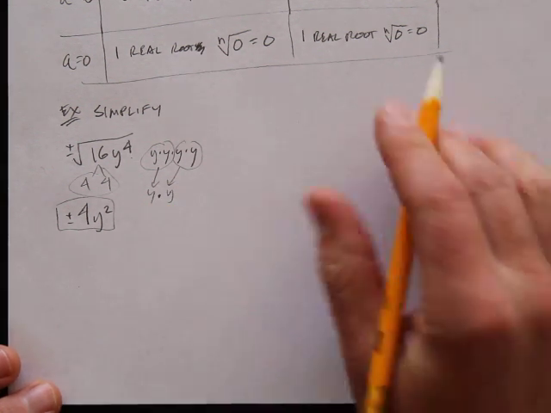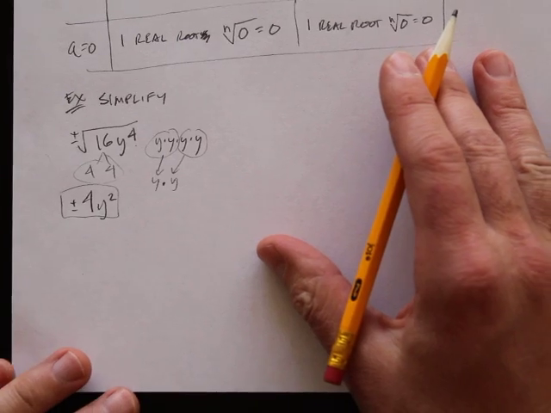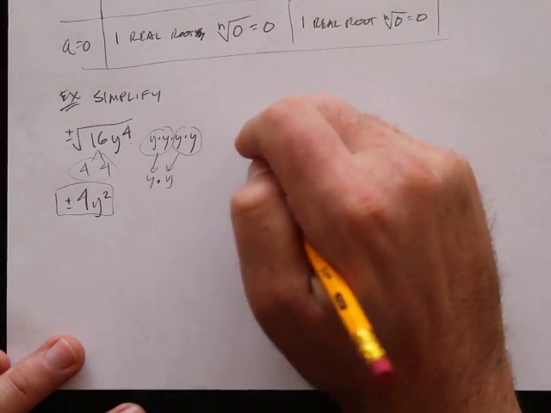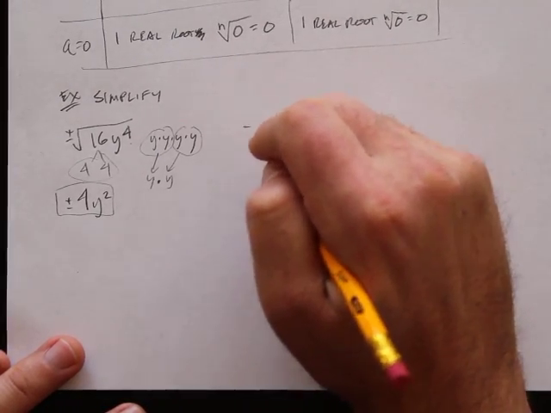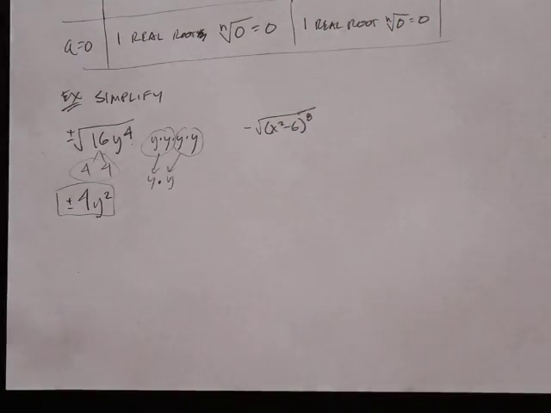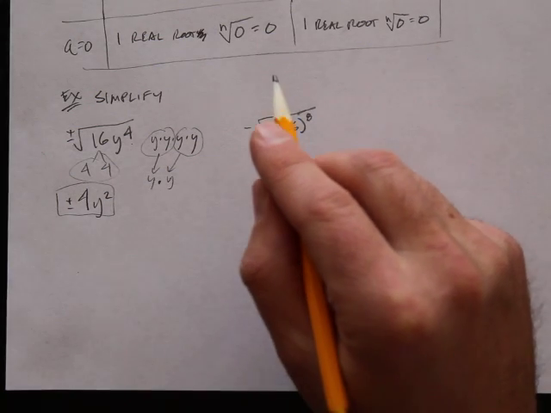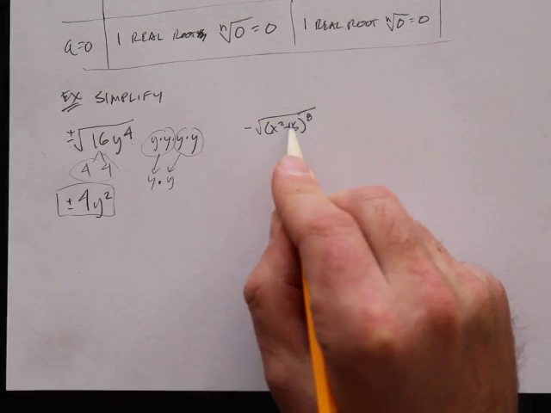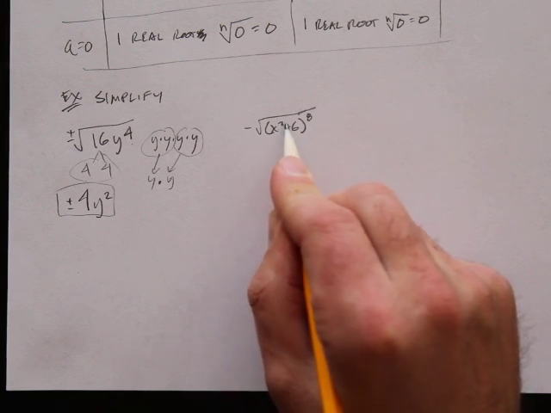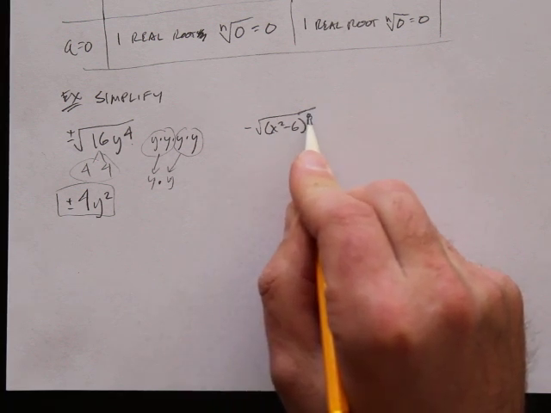Okay, let's try some more here. Let's do negative square root of x squared minus 6 to the 8th power. Now for this one, I'm going to ignore what's inside here right now. This isn't going to help me with what I'm doing. I'm just going to look at this 8th power here.